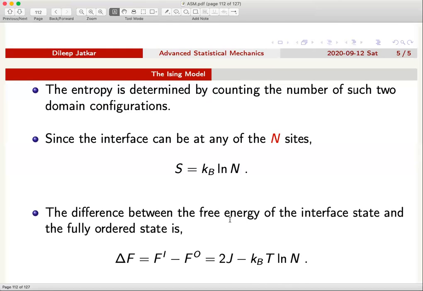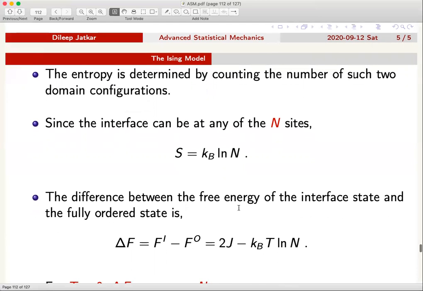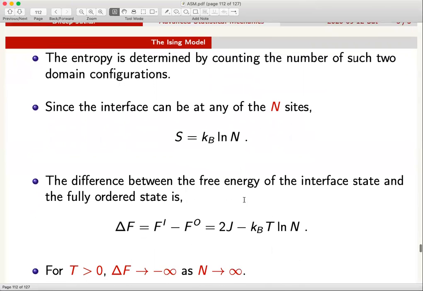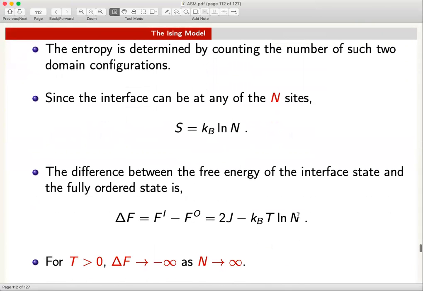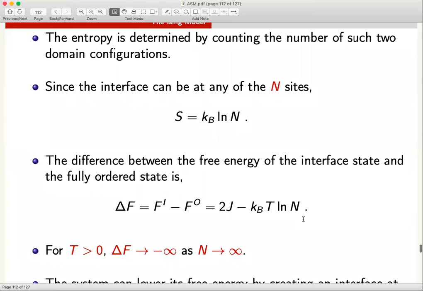So what we'll do now is define a critical temperature Tc using these quantities. But let's first do one more step. If the temperature is positive, then because n is very large, it is this term which is going to dominate.